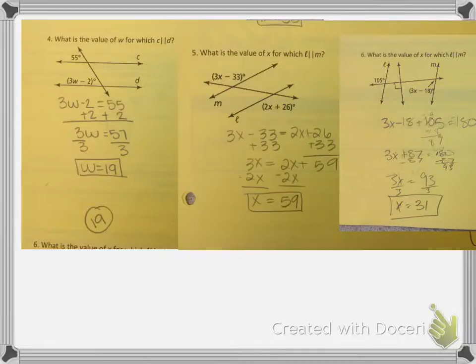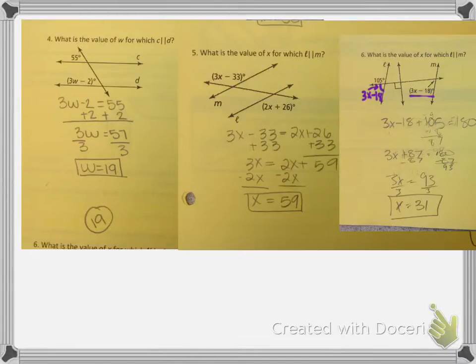But we could take 3x minus 18, and what other angle could we say is congruent to 3x minus 18? Well, this one, right? Can't we say that this is 3x minus 18? Why can we do that? They're corresponding, right? Does everybody see that?